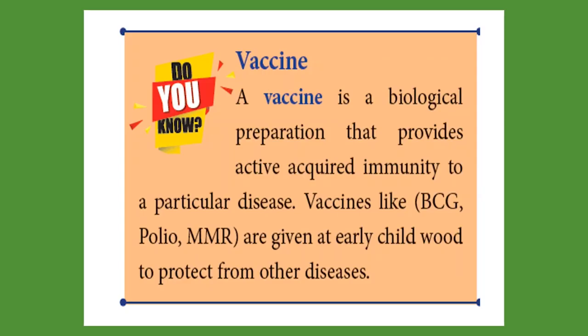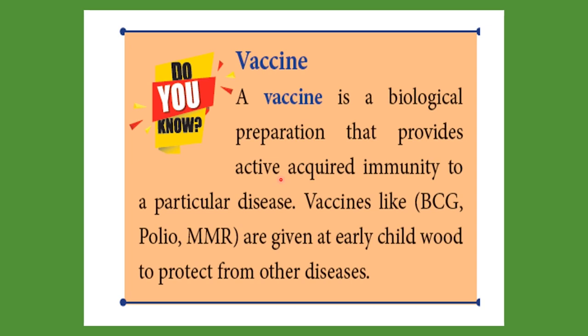The next one is about vaccines. A vaccine is a biological preparation that provides active acquired immunity to a particular disease. Immunity means disease resistance power, right? A person should have immunity developed by the immune system by birth.